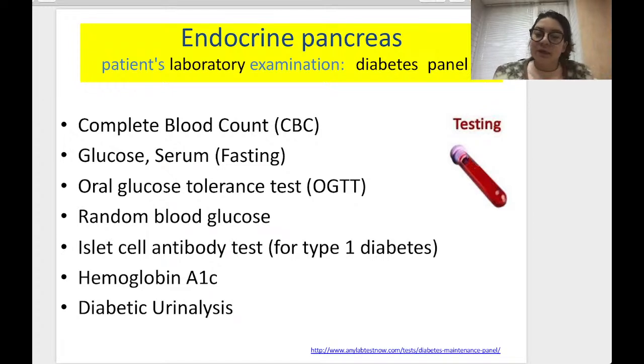One more very important test is hemoglobin A1C, or glycated hemoglobin. It is the level of hemoglobin including molecules of glucose, in percentage to the total amount of hemoglobin.